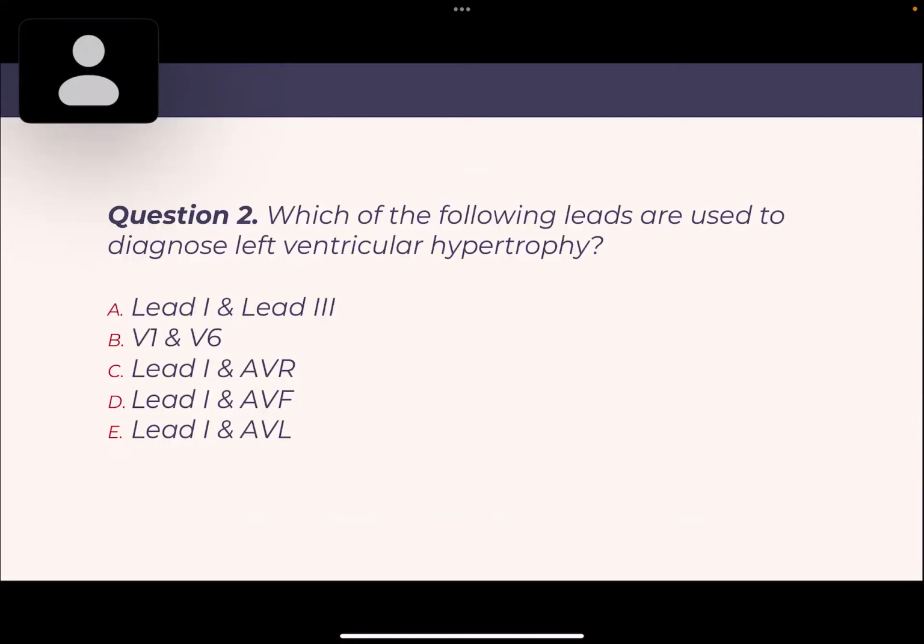Next question. Which of the following leads are used to diagnose left ventricular hypertrophy? What is a sign of left ventricular hypertrophy? Left axis deviation. Exactly. How do we determine the axis, if it's deviated or not?